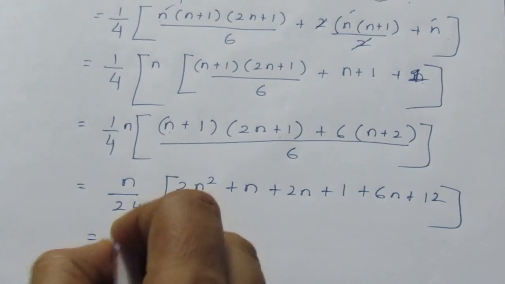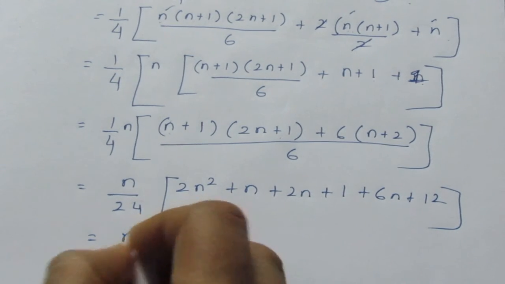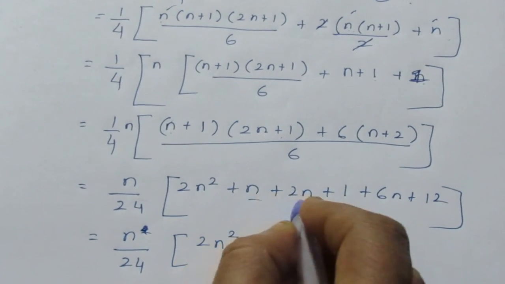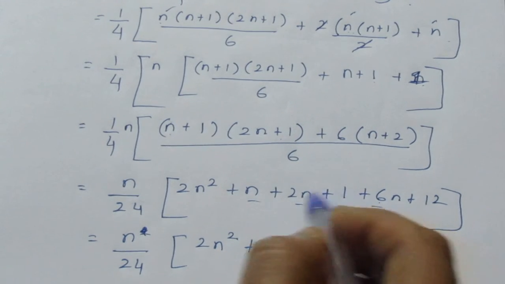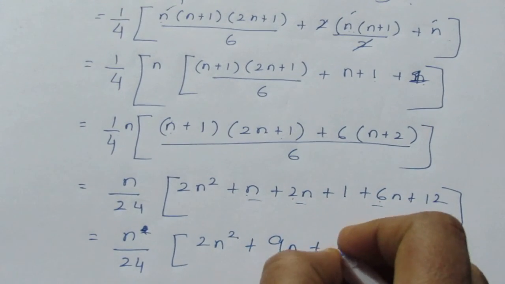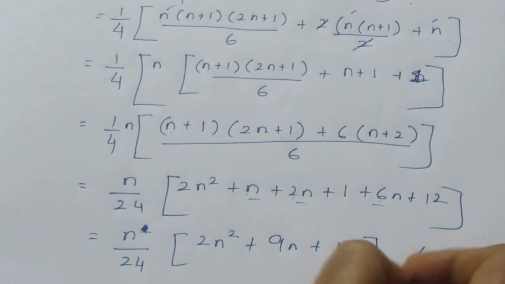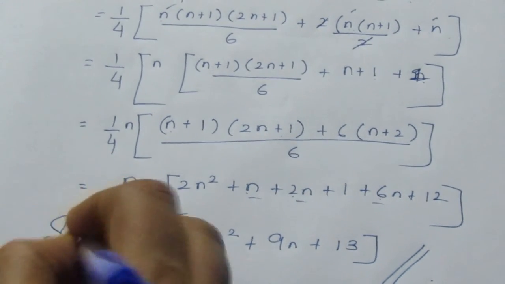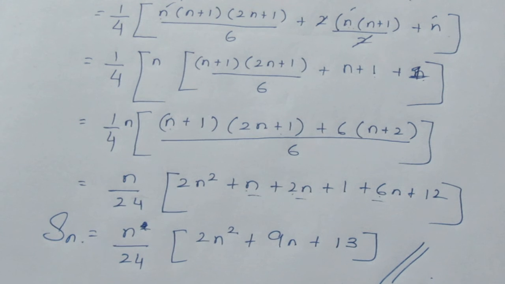It becomes n by 24 into 2n square plus 9n plus 13. This will be your final summation. They have asked for the sum of the n terms, and this will be your sum of the n terms. That's all with the sum. Thank you.